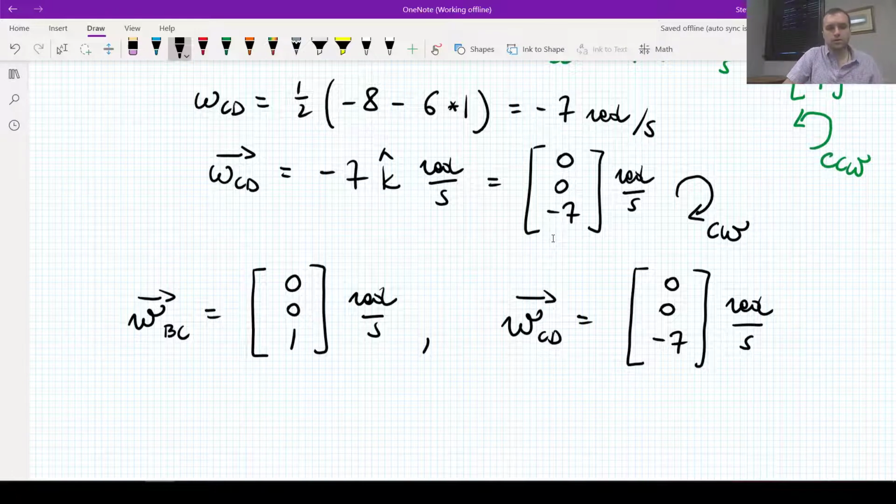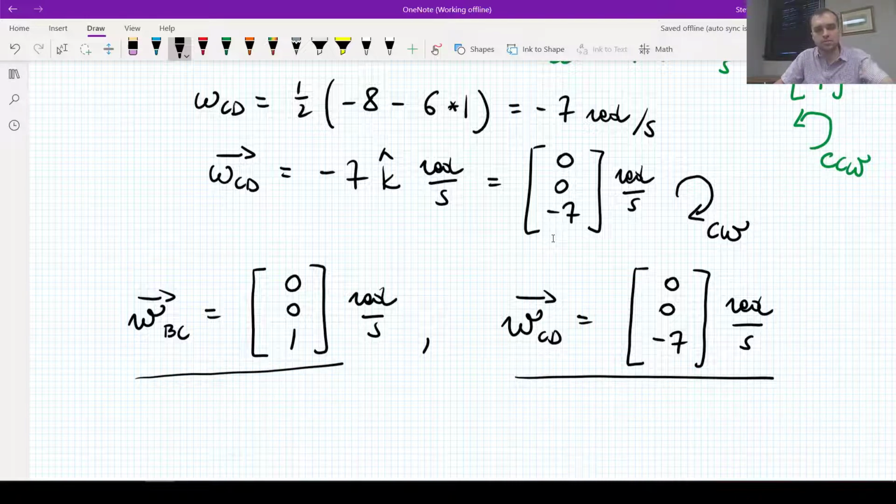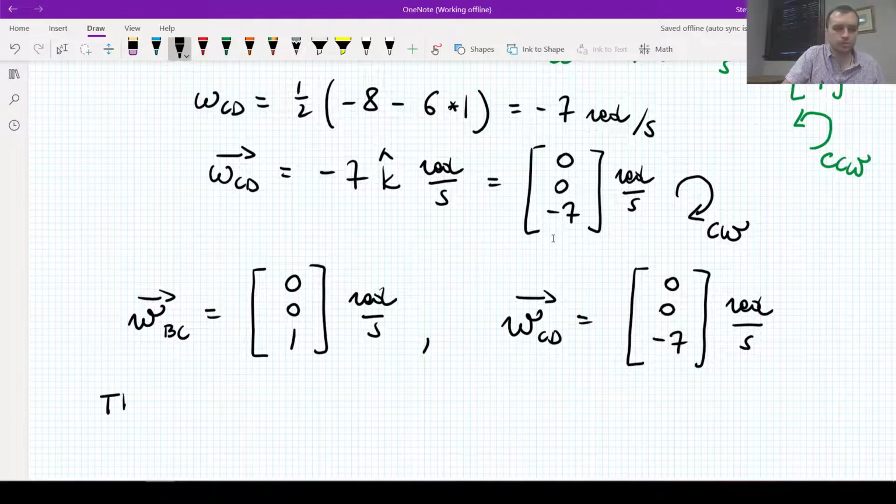This is the end of velocity analysis, and during our synchronous discussion, we will start acceleration analysis, and we will use these findings in our acceleration analysis.